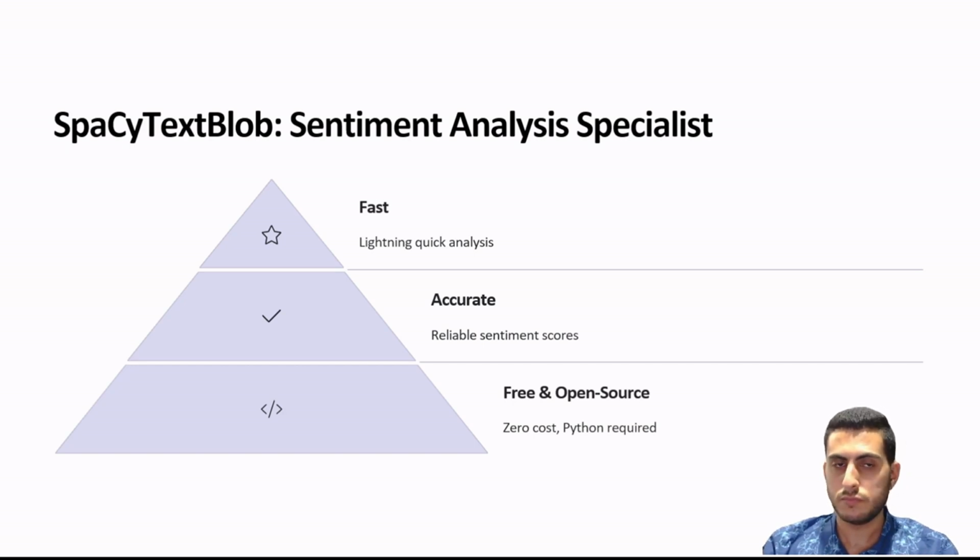And the most important part out of this is that it's completely free and open source. However, anyone implementing this is gonna need Python knowledge. But for teams with the technical capabilities, it offers substantial cost savings with comparable accuracy to Google's sentiment analysis.